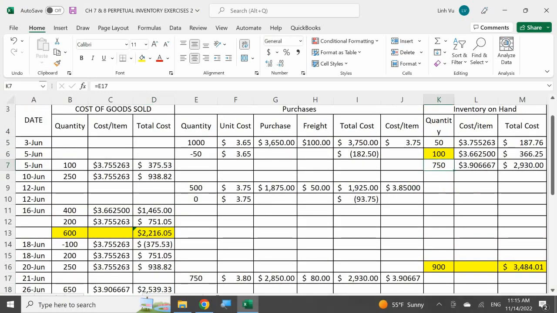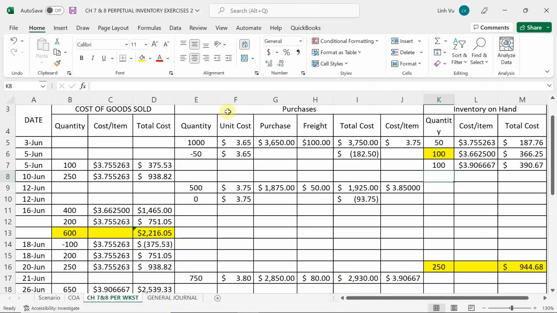And I'm going to go ahead and update my inventory. So if I have 750 units minus 650, that should give me 100. 100 times 3.906666 gives me 390.67, which should be correct. All right, so now that I have that, let's see what is next.